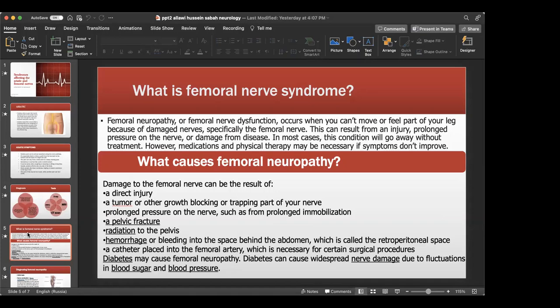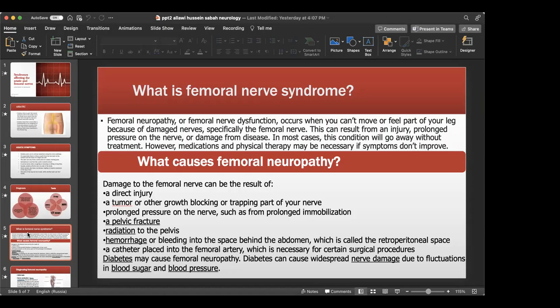What are the causes of femoral neuropathy? It can be the result of direct injury, a tumor, or other growth blocking or trapping part of your nerve.